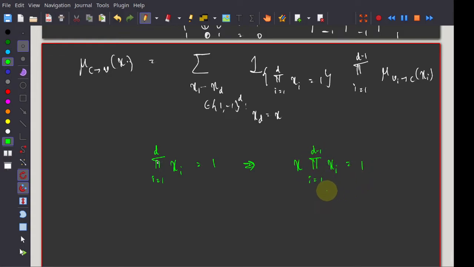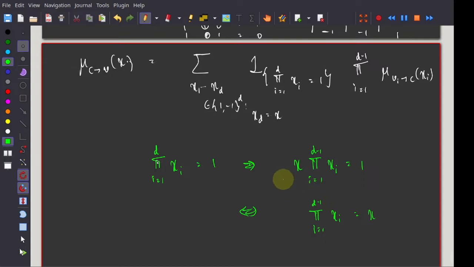But what is this the same as? Can I say that this is the same as the product over i equal to 1 to d minus 1 of x_i is equal to x? Up to here is fine, right?